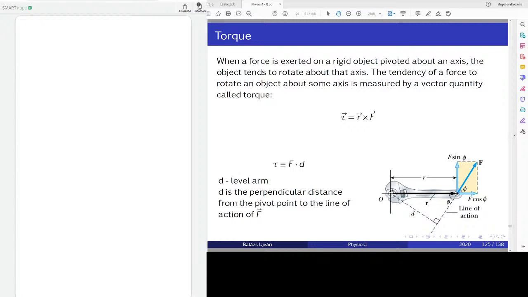Here we have the axis of the rotation, here you have this wrench, and if you try to move the screw with a force like this, not only the force makes sense, but also the radius, or more simply, the perpendicular distance from the axis of the rotation to the line of the force, the line of action.